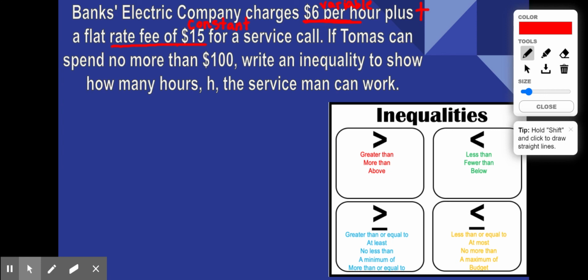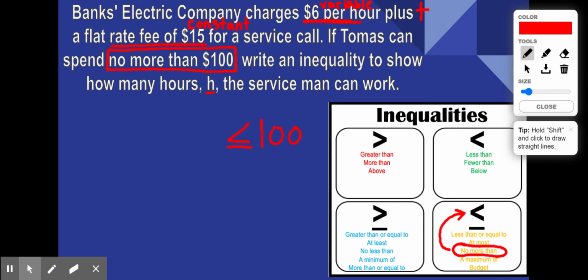If Tomas can spend no more than $100, no more than is one of our inequality terms. No more than tells us to use less than or equal to. So less than or equal to $100. Write an inequality to show how many hours H the servicemen can work.